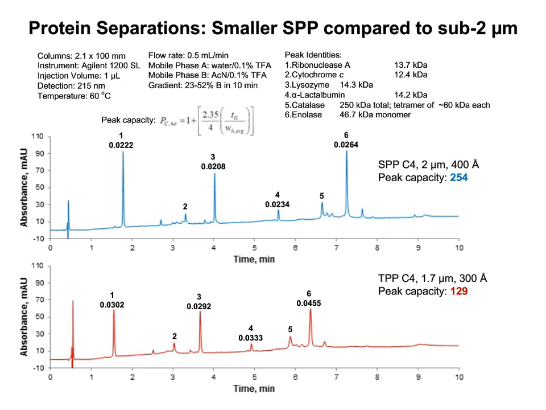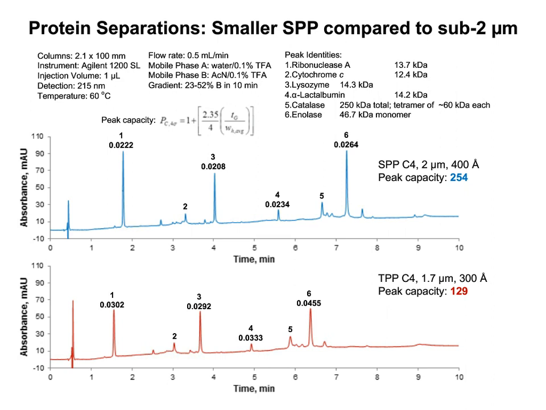So in this case, I'm showing the separation conducted with a 2 micron superficially porous material with 400 angstroms and calculating the peak capacity, which is essentially the average of all of those proteins contributing to the peak capacity calculation.